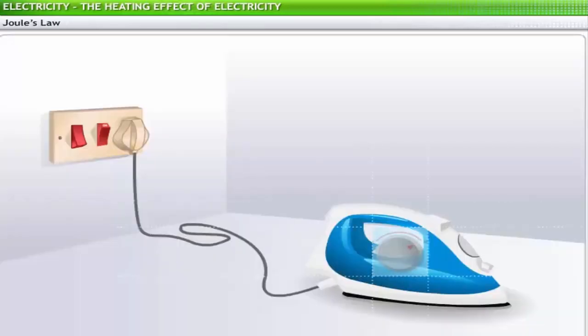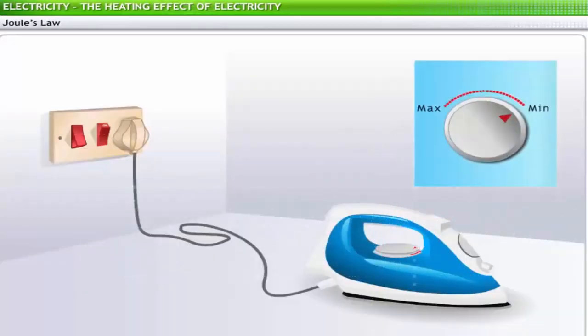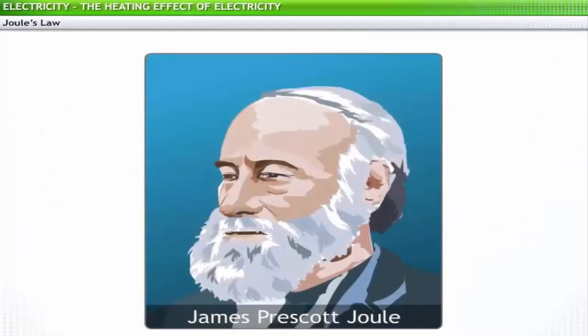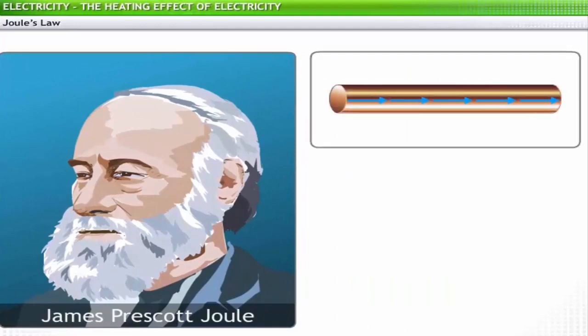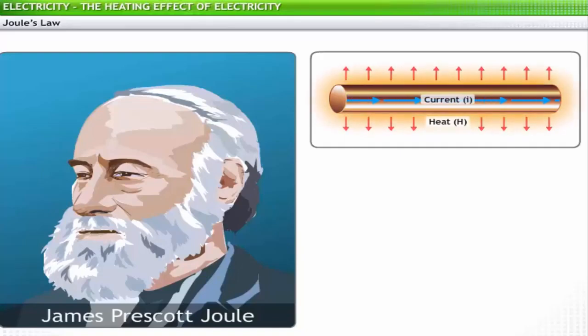We can monitor and control the heat generated by electric current by regulating the current supplied to an appliance. James Prescott Joule, a British physicist, expressed the relationship between the heat generated in a conductor and the amount of current flowing through it.